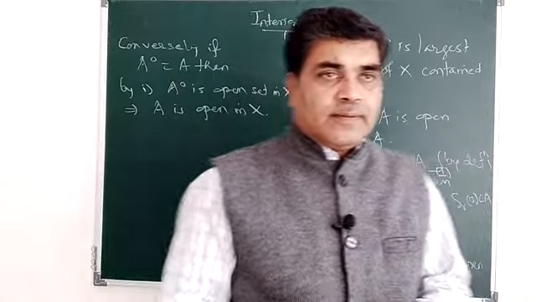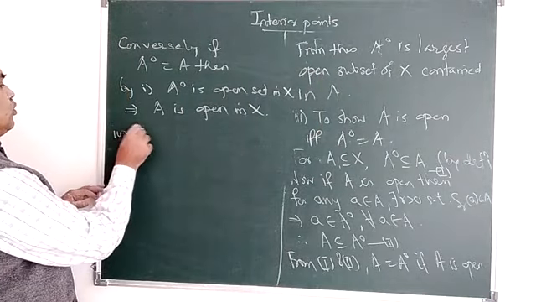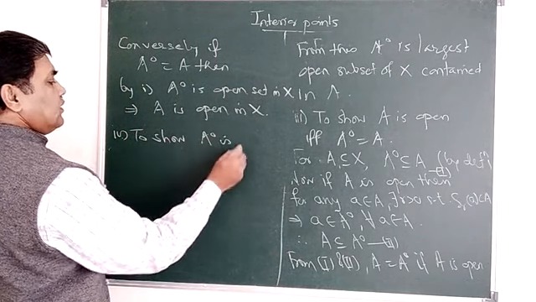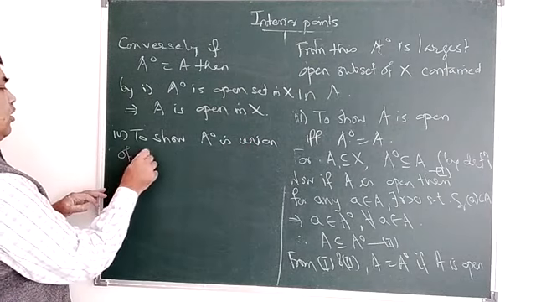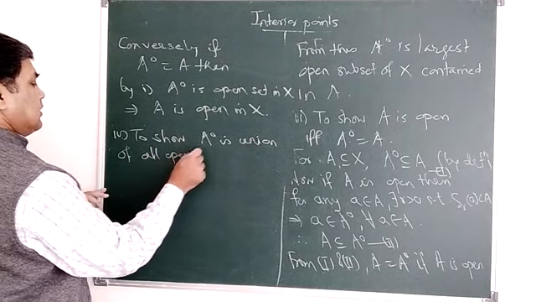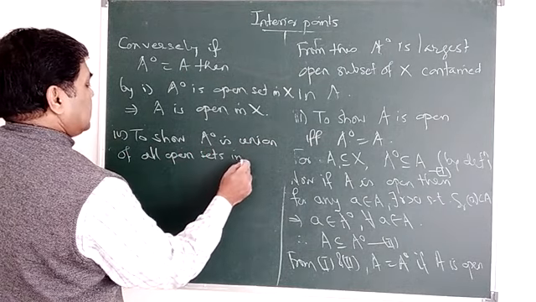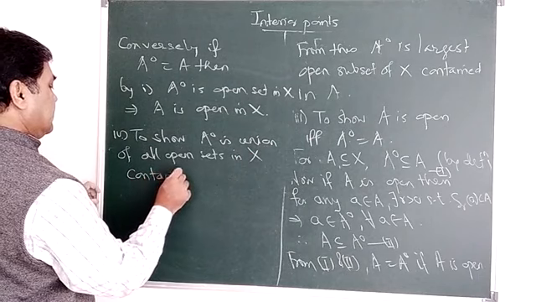Okay. Four, to show A interior is the union of all open sets in X contained in A.